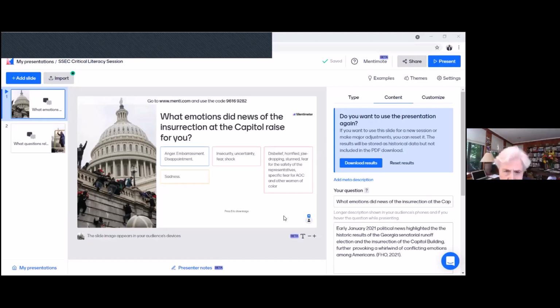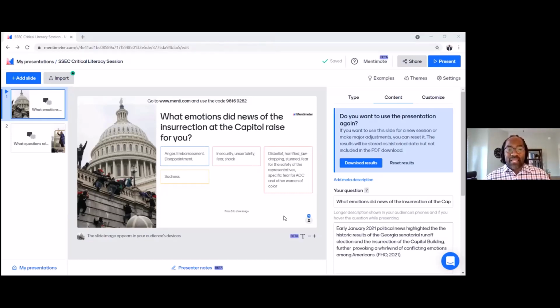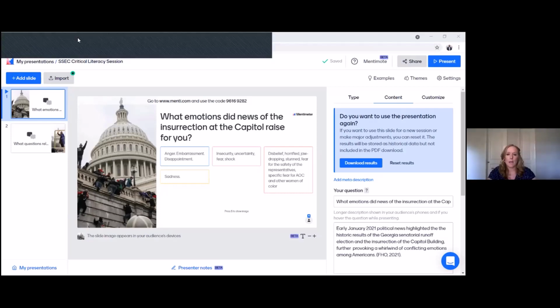Your responses come up anonymously, and this is an activity that you can do with your class so that they can be anonymous in how they respond to a question, especially a controversial question. The feelings you all have typed in on your phones are now appearing on the screen.